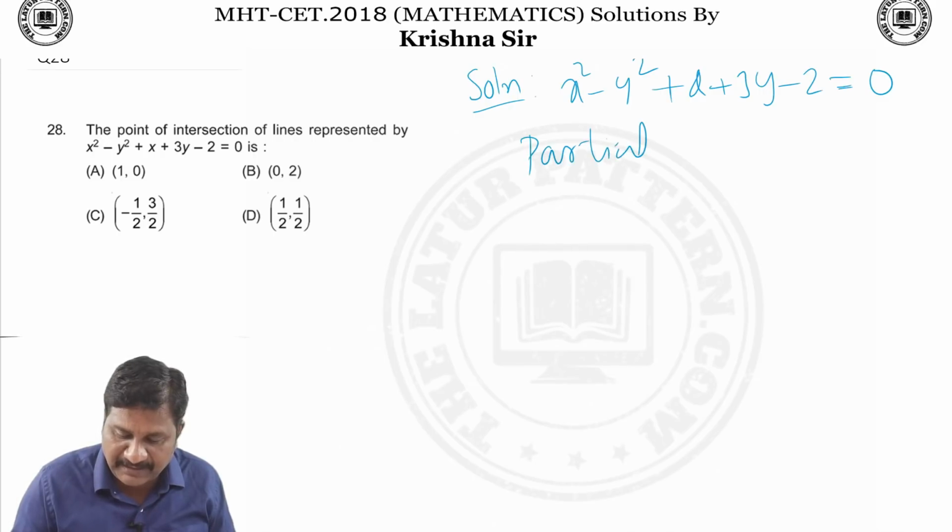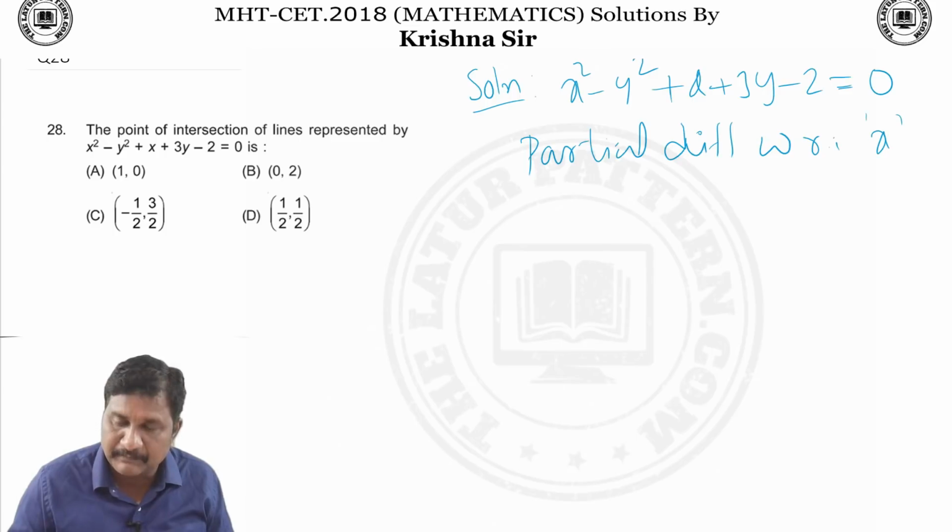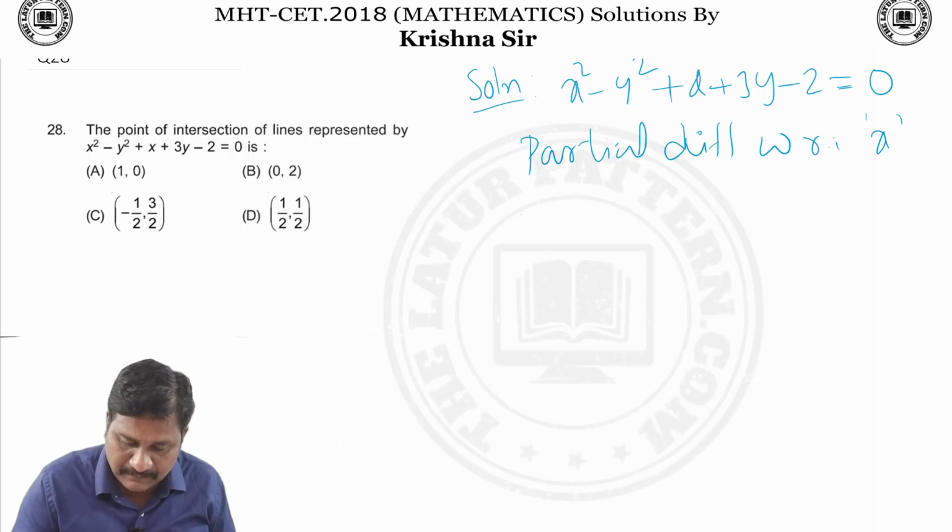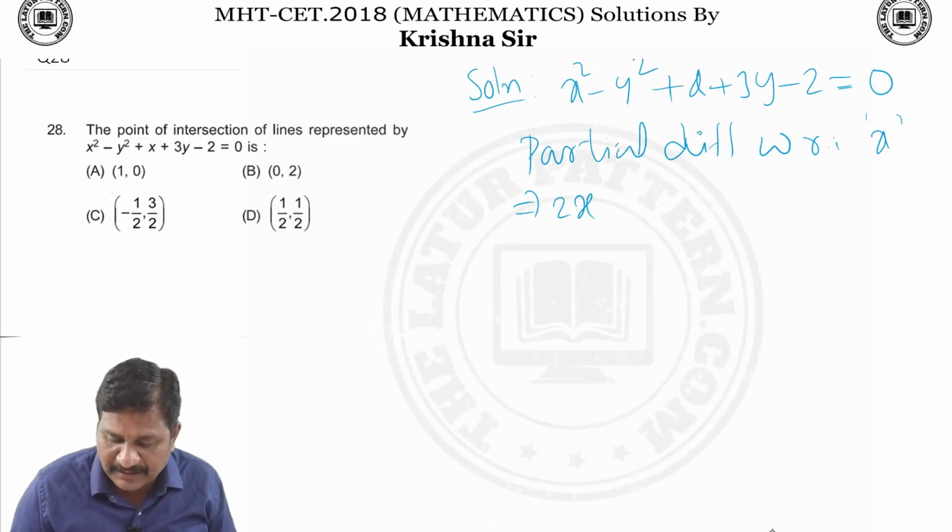Partial differentiation with respect to x: x square derivative is 2x, y square is a constant, the derivative of x is 1, and y is a constant, 2 is a constant, which is equal to 0. Then x is equal to minus 1 by 2.